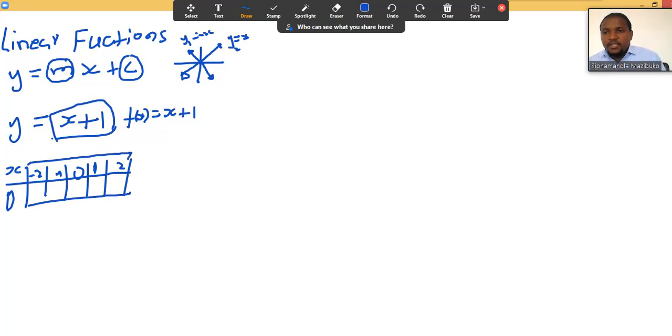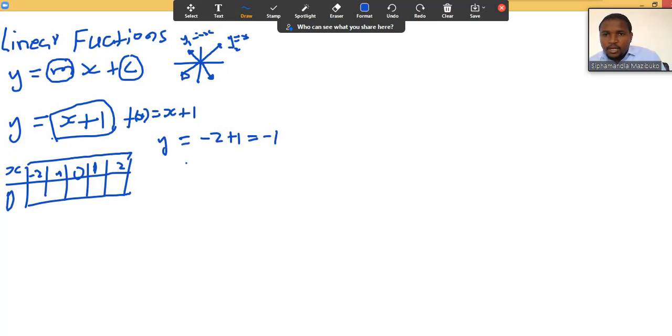So what happens if x is minus 2? If x is minus 2, we have y is equal to minus 2 plus 1, because wherever we see x, we put minus 2, and this is equal to minus 1. You can put that on the calculator to see it.